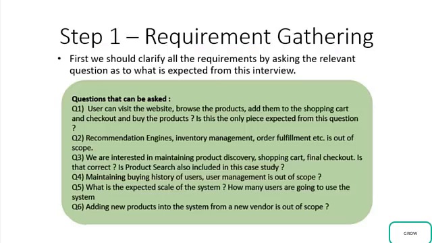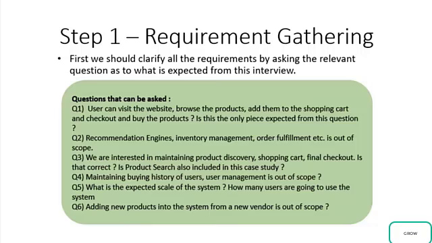So step 1, when we approach this problem, is requirement gathering, which is a very important step. If we make mistakes in this step, the entire approach we follow in the remaining steps would not be correct. So it's very important to ask the right set of questions here. What are the typical questions we can ask?